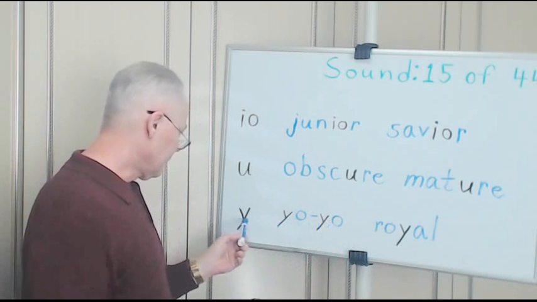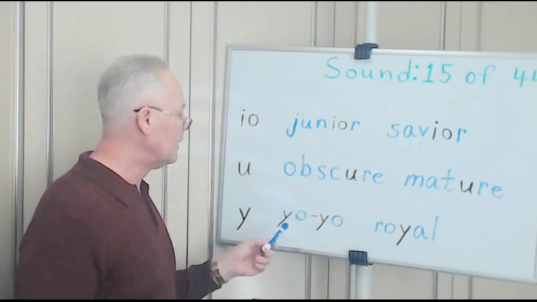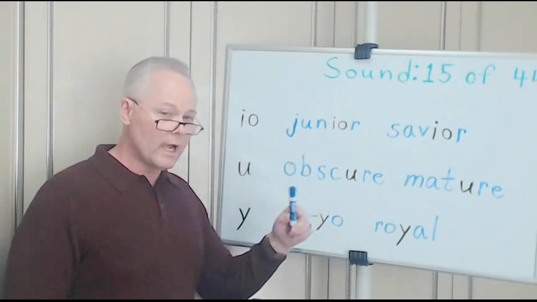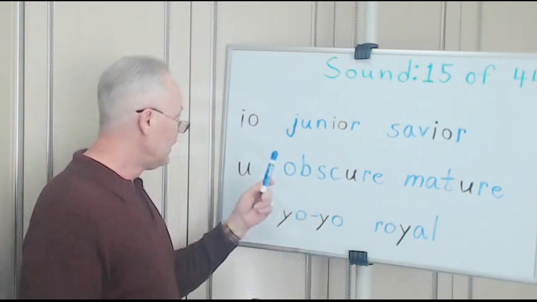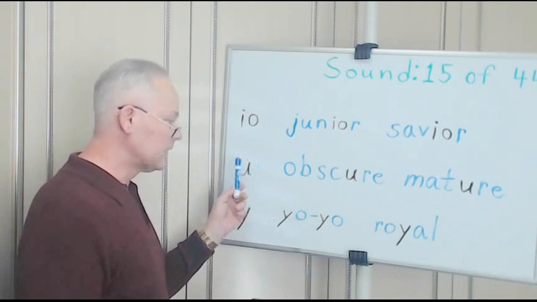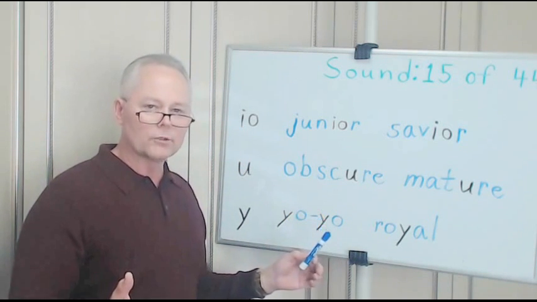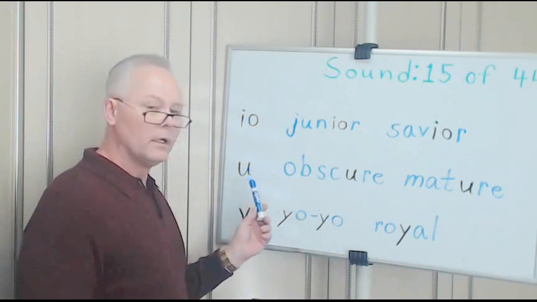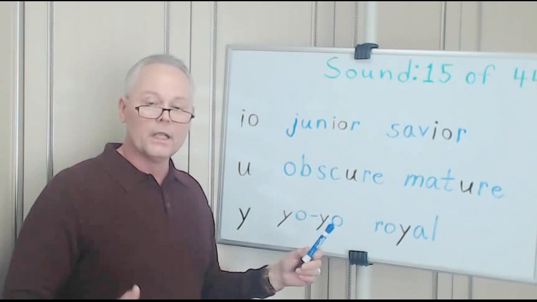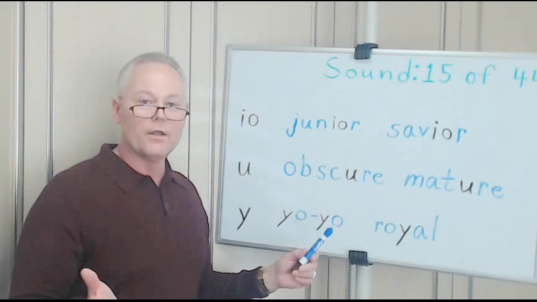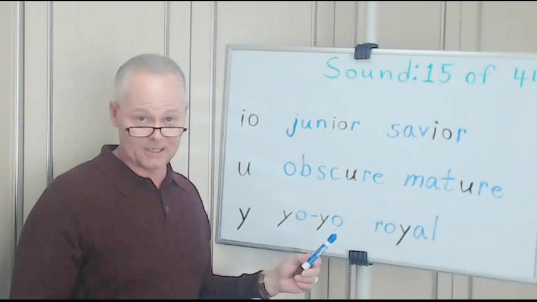Okay. So here we have the sound y. Now let's not get too wrapped up around the axle on letter combinations and this letter and that letter. Look at the basic letter that the sound comes from. These other letters are really here just to show you that there are other ways to make the same sound, okay?